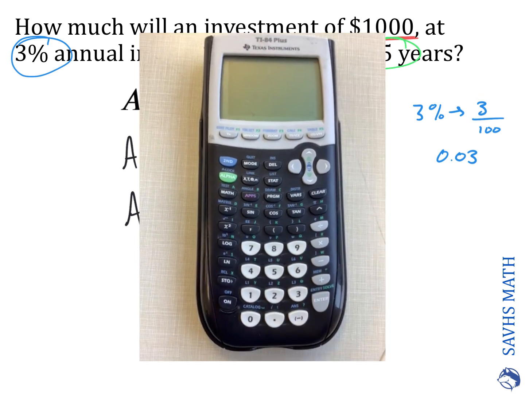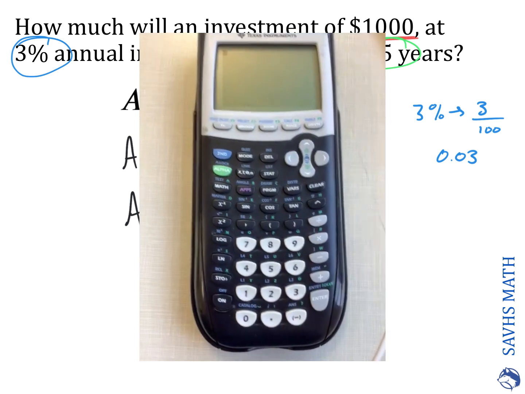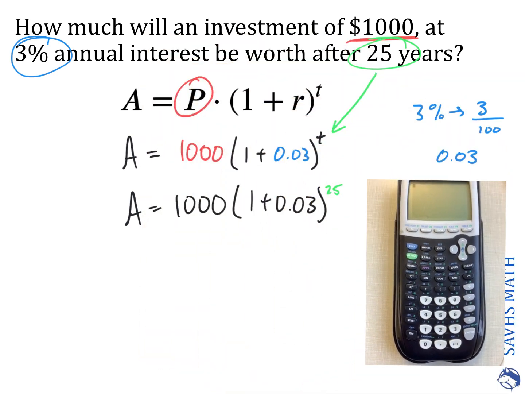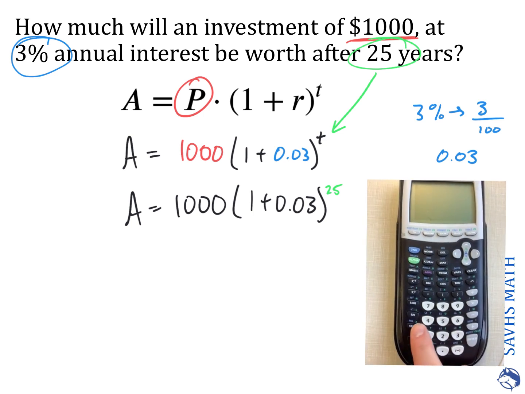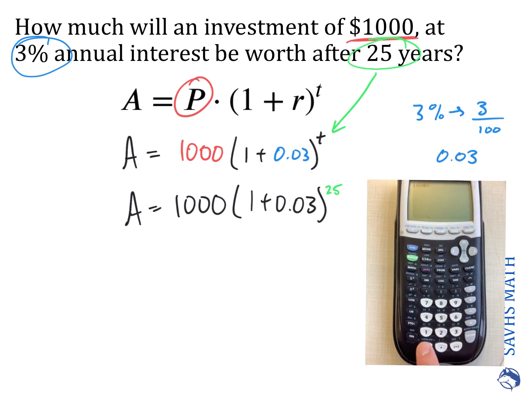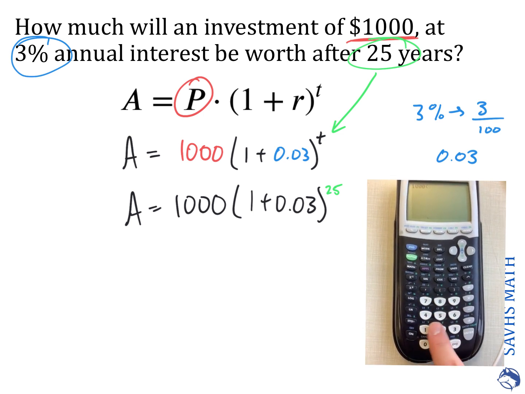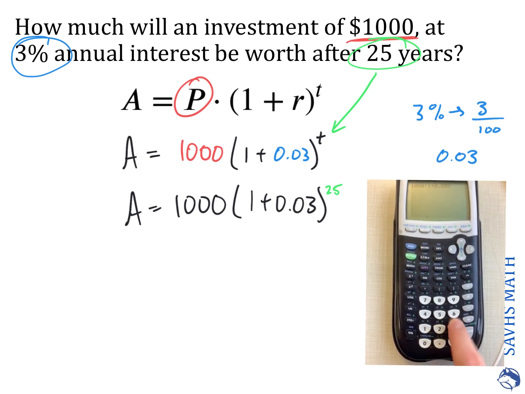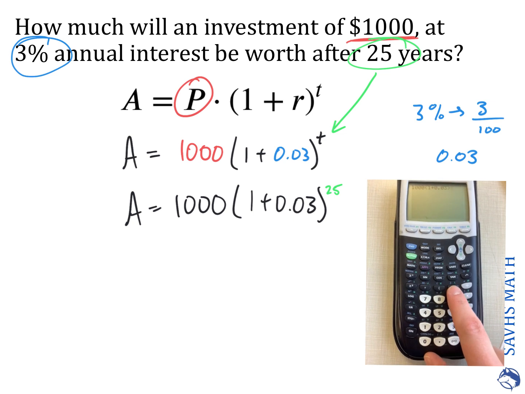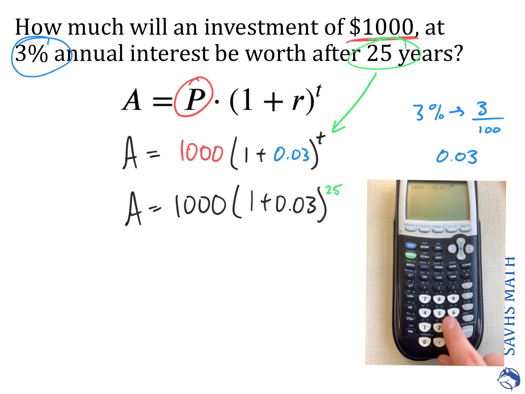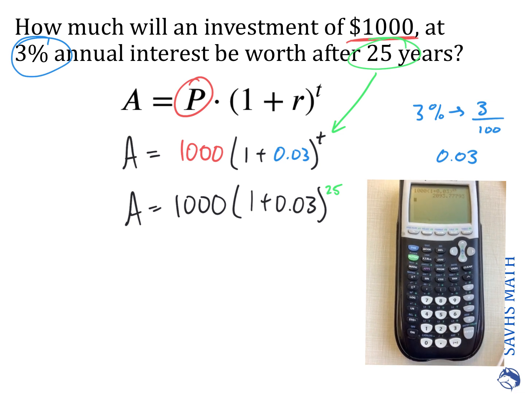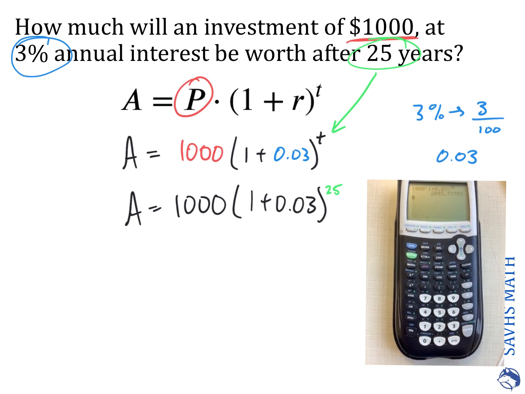Okay, so I just have to move this over for a second. So I'm going to type in exactly what I see here. I see 1,000 times the parentheses 1 plus 0.03, close the parentheses, and then to the 25 power. And then hit enter, and then your answer is 2093.78.